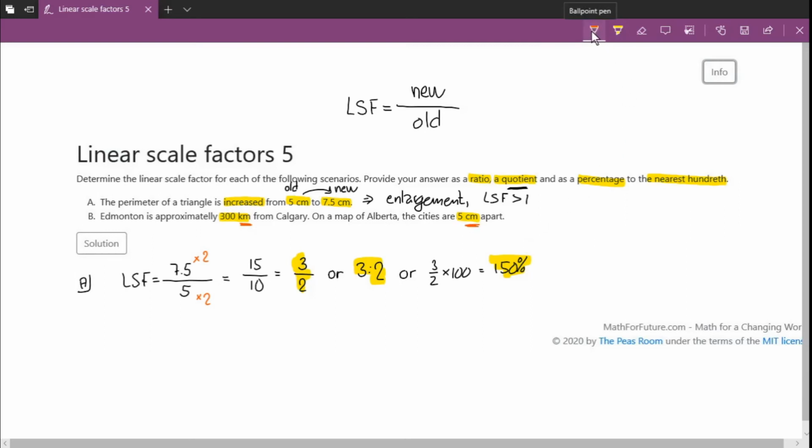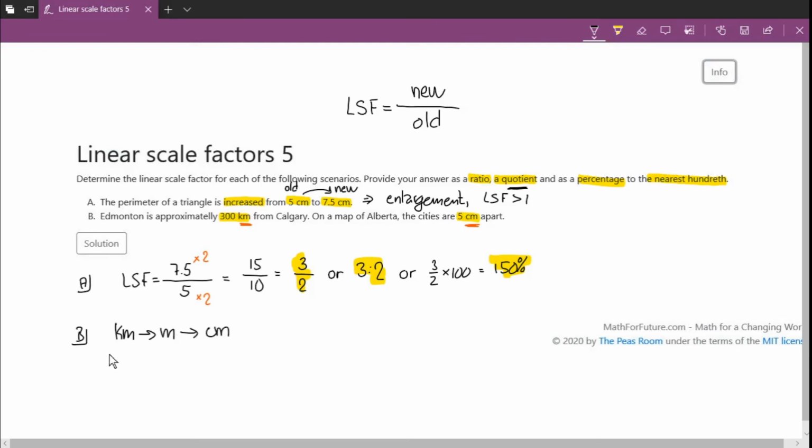Now, you have a few options here. You can convert the kilometers to centimeters or the centimeters to kilometers. Doesn't really matter how you do it. The conversion has to happen first, before the division. So in B, let's say we convert kilometers to centimeters. We're going to convert kilometers first to meters, and then from meters to centimeters.